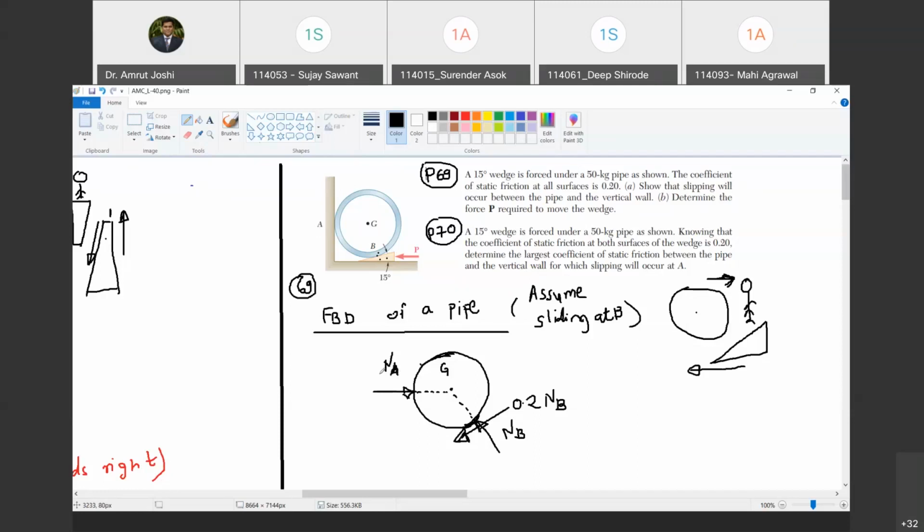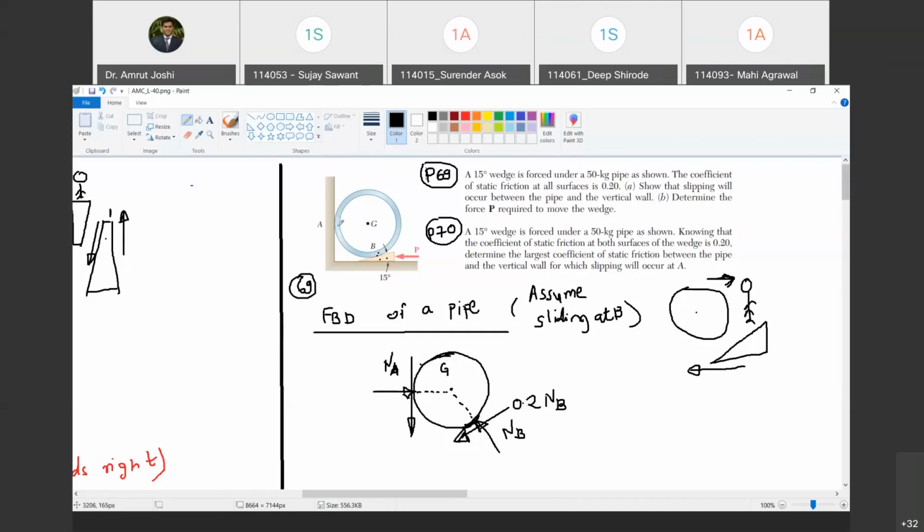So therefore, there will be a frictional reaction offered here. Happy? Yes, sir. And that frictional reaction will be in this direction. What should I call this frictional reaction now? How much will it be? Tell me. 0.2 NA? No, we don't know that. So we know for sure that the sliding has occurred at B, but we are not very sure whether the sliding is occurring at A or not.